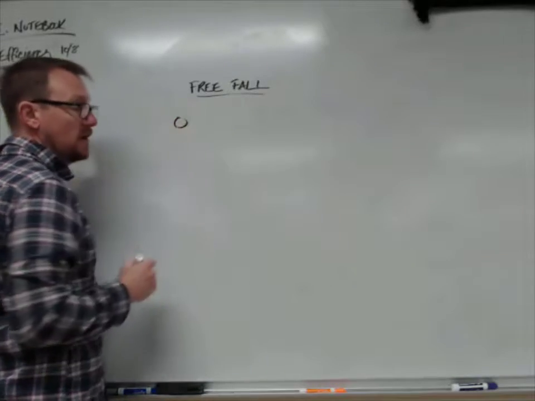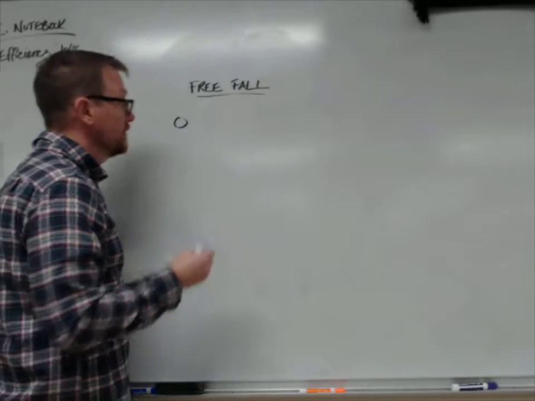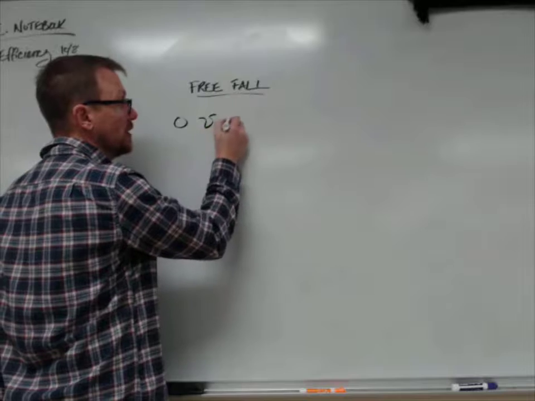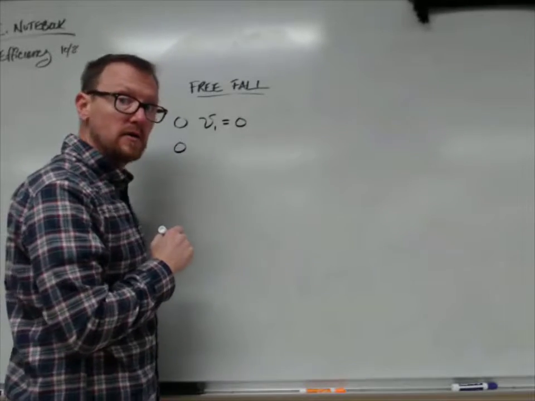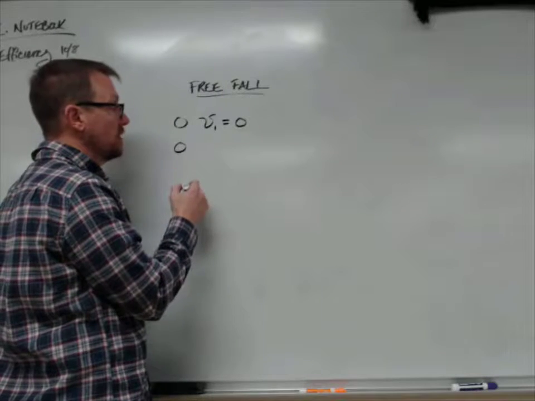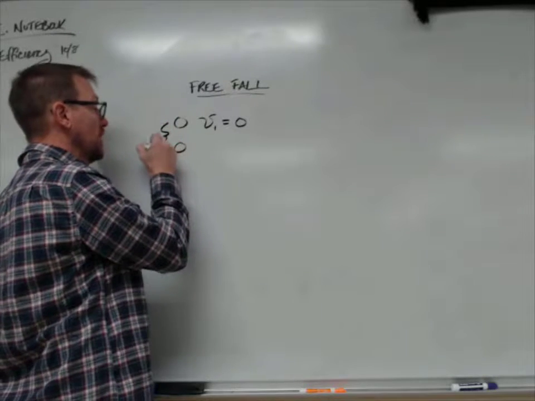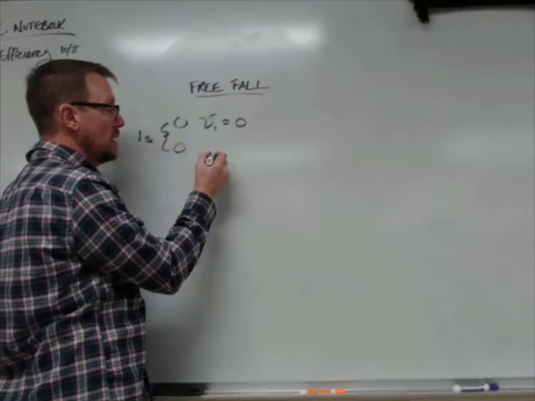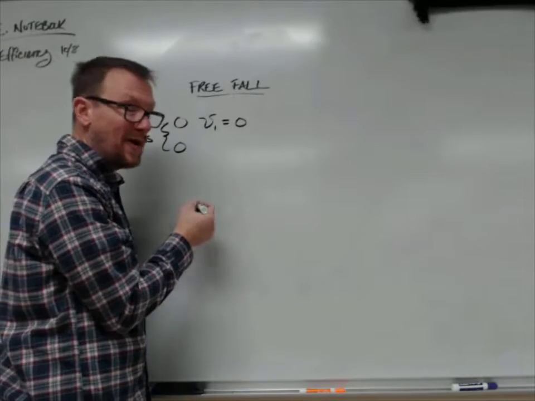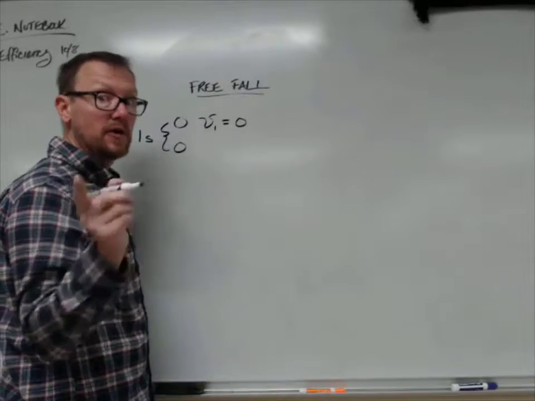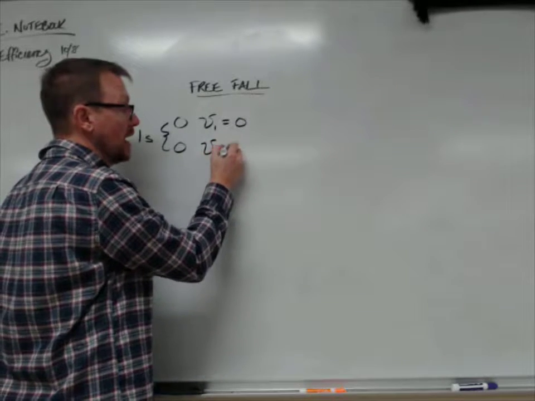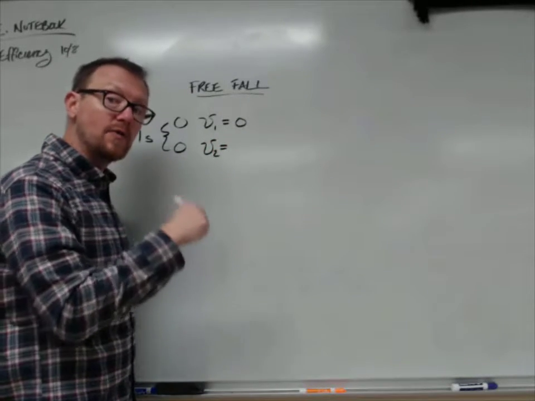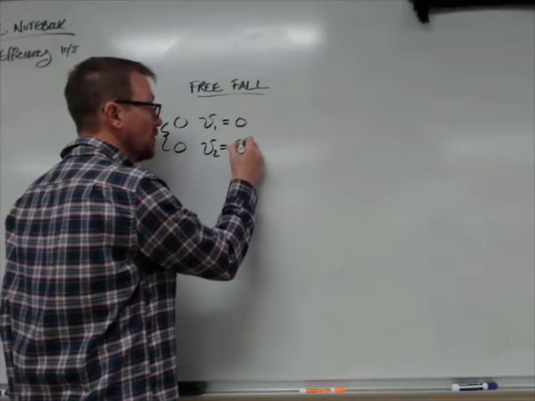Let's say we have an object, and it starts from rest here at the beginning. So v1 equals 0, and we allow it to fall. After 1 second, it falls a certain distance. We don't know the distance yet, but we could calculate it if we wanted to. And now its new velocity has increased in the downward direction by 9.81 meters per second.